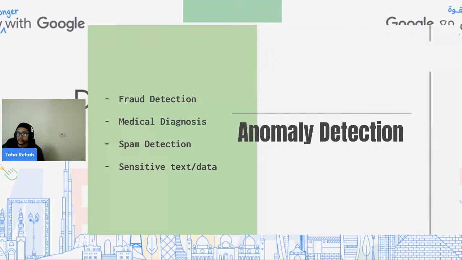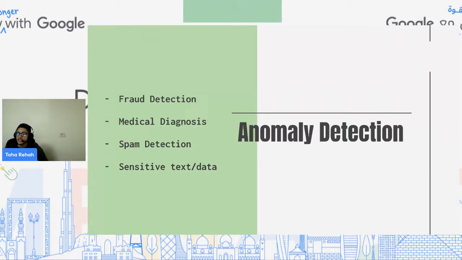In this particular classification sub-problem called anomaly detection, we find imbalanced datasets. Why? Because an anomaly, by definition, is something rare. As humans, we do not find anomalies frequently in our world.